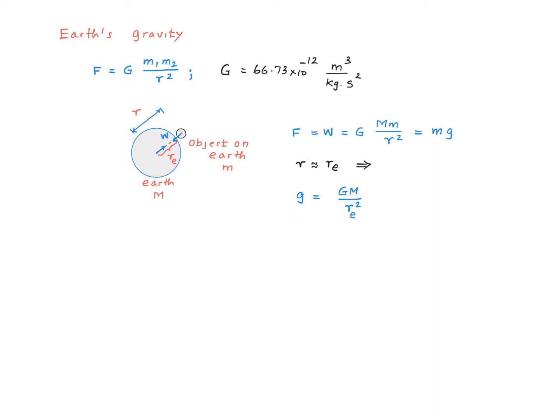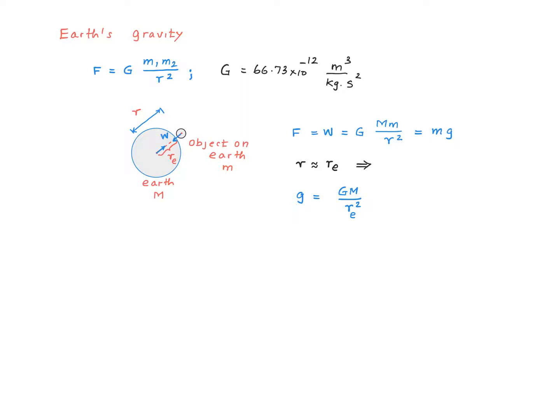We know the weight comes from the gravitational attraction between the Earth and the object, and therefore F equals W. And F by this equation is G multiplied by capital M times small m divided by r squared. And we also know weight W equals mg, mass times the gravitational acceleration.